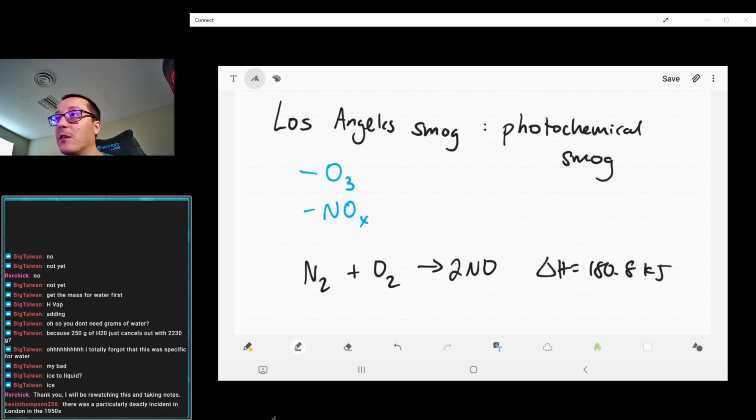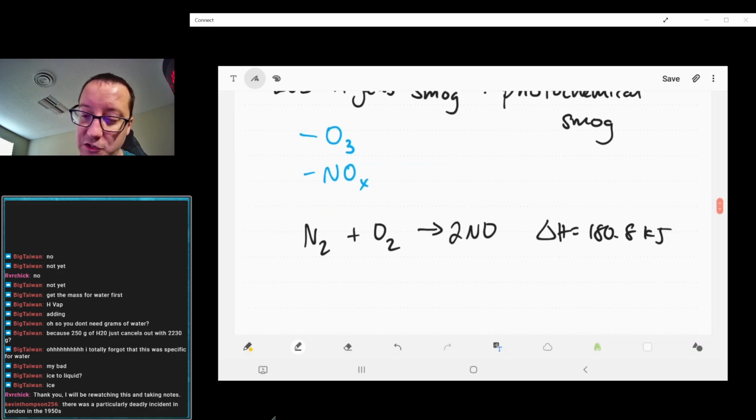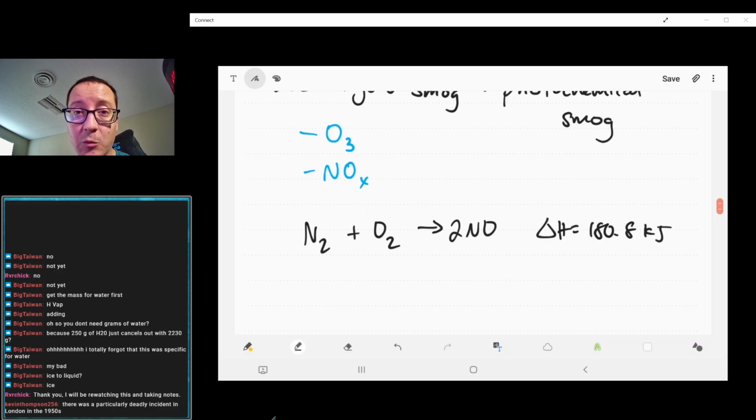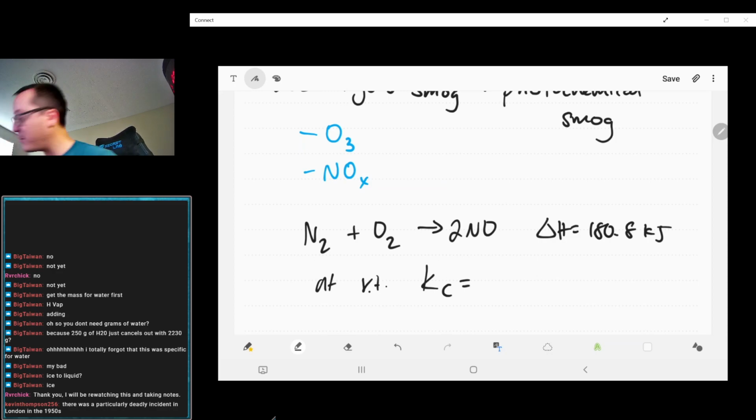Doesn't normally happen. We're going to see that in combustion engines, though, where a lot of this stuff will be produced. At room temperature, the Kc for this is about, I have this here, 10 to the minus 15.